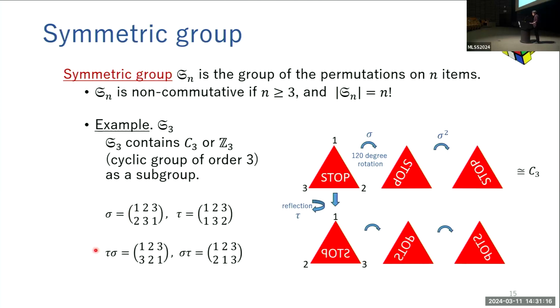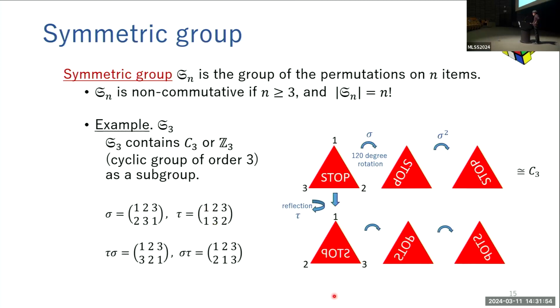And in S3, here's another element, which I call tau. This corresponds to a reflection. This is the flip of 2 and 3. The element 1 is fixed, and 2 goes to 3, and 3 goes to 2. So geometrically, this corresponds to the flip of 2 and 3 along the vertical axis.